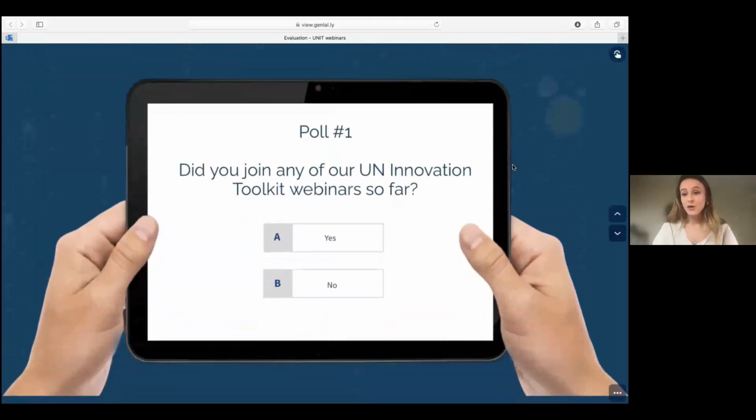As in any other webinar that we have conducted so far, we would like to begin by asking this question. Did you join any of our UN Innovation Toolkit webinars so far? This question is in order to determine how far we need to go in the recap of the UN Innovation Toolkit as a whole before we actually get into the evaluation model.